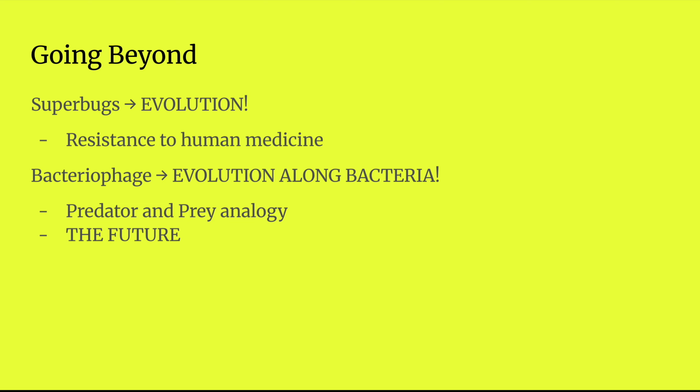However, once we thought we had eradicated all the bad bacteria, they went through countless evolutions and developed a resistance against our precious and useful antibiotics. And therefore, we now have a term called a superbug. This superbug is a bacteria that has resistance to all human medicine, all of it.